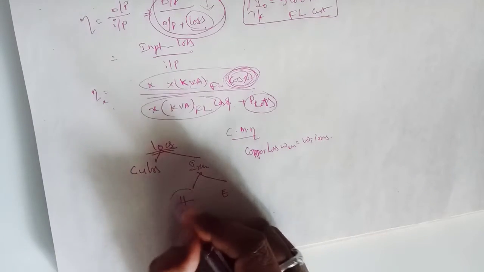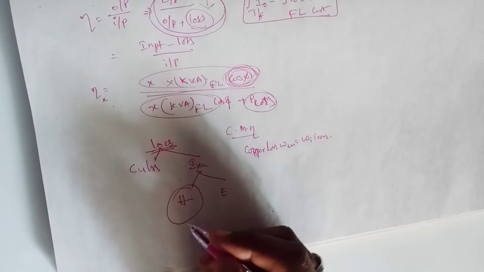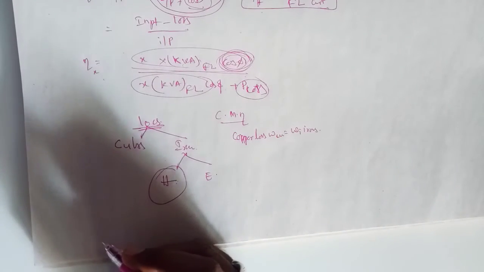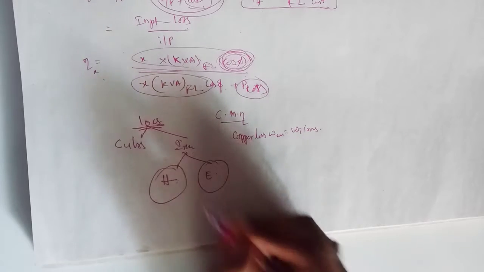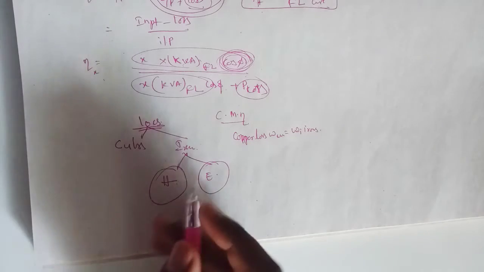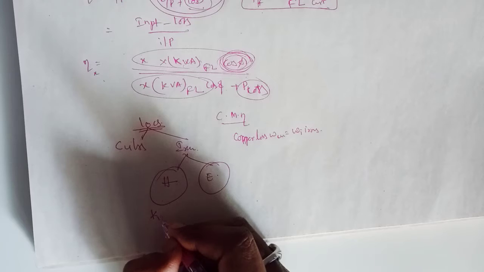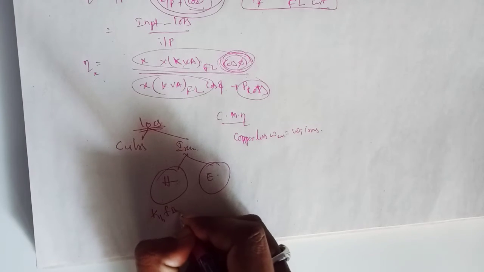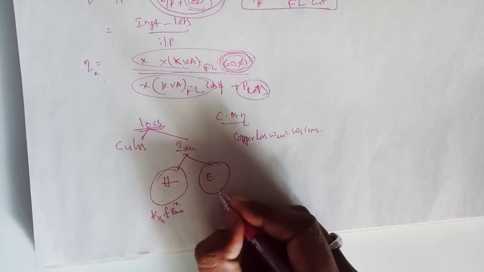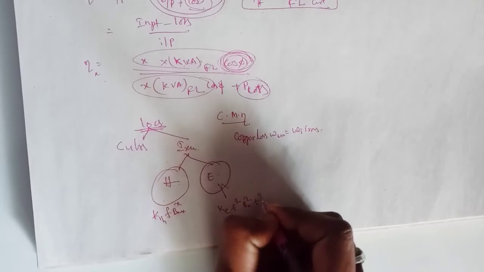Hysteresis losses mainly arise due to the material. Whatever material you use, the hysteresis losses depend upon that material. Eddy current losses are nothing but the induced currents. I can give a simple formula for hysteresis losses: K_h f B_max^x. For eddy current losses: K_e f^2 B_max^2 t^2.